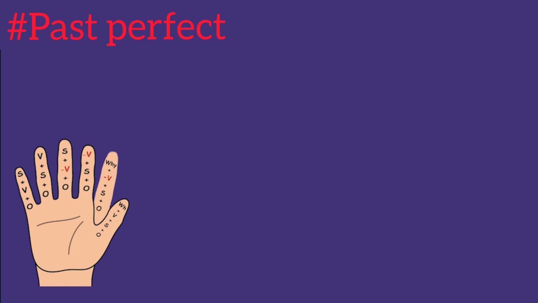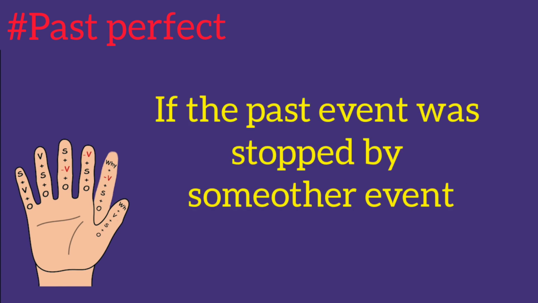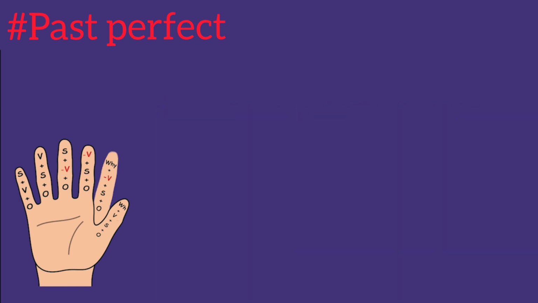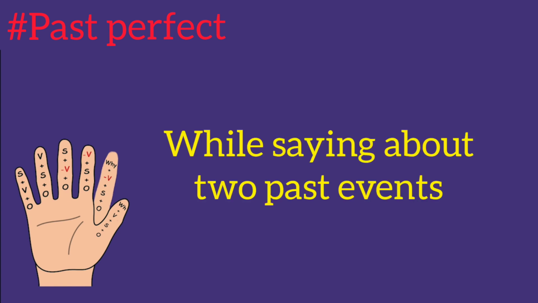Next, past perfect tense. If the event happened in the past and was stopped because of some other event, we use past perfect tense. In simple words, the past perfect tense is used for talking about two past events.